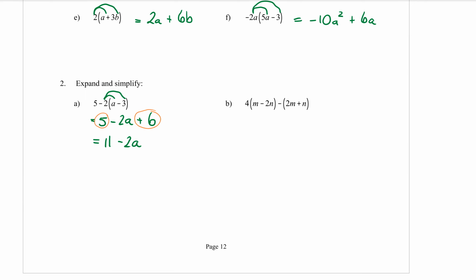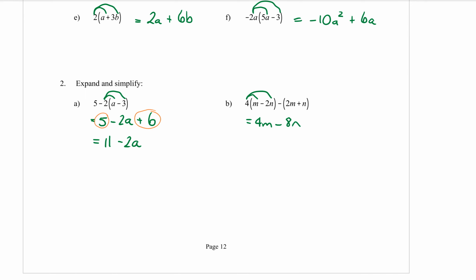All right, one more question. We're going to expand 2 sets of brackets. This is definitely on the hard end of the questions here. So we're going to multiply 4 times m is 4m minus in the bracket 4 times 2n is 8n. Excellent, good job.